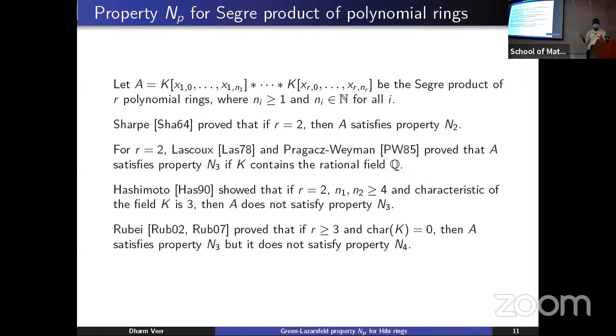Take a generic matrix of m rows and n columns, where x_ij is the variable corresponding to the ij position. Take the determinantal ideal generated by the r cross r minors of that, where r is between 2 and the minimum of m and n. They studied the resolution for the ideal defined by the r cross r minors in that case.